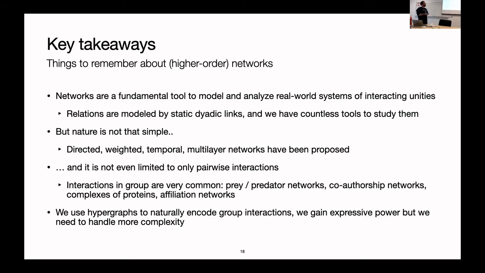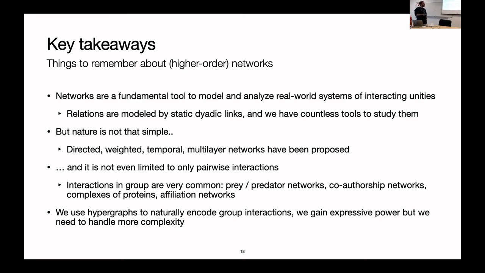But of course, in nature there are interactions that are not really static and not really dyadic. So we have directed interaction, weighted interaction, temporal, and of course multi-layer networks. People have worked a lot on these networks, and we have new tools here. And it's also important to consider that interactions are not limited to being pairwise.